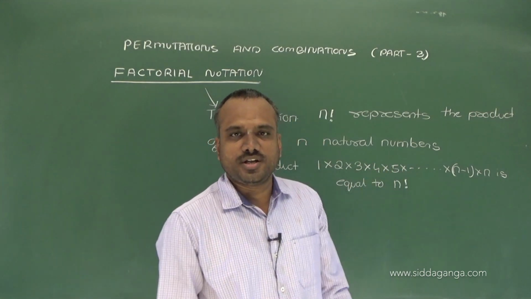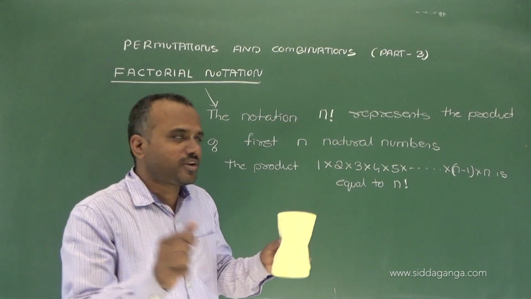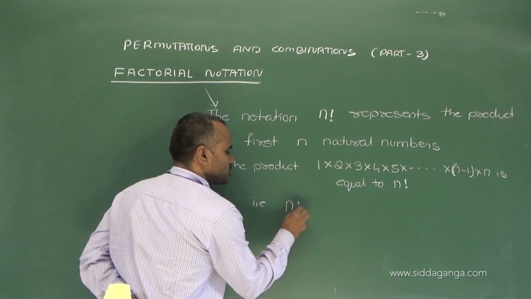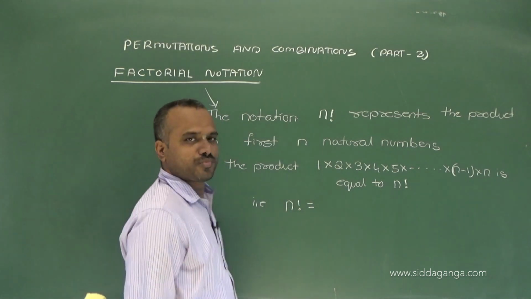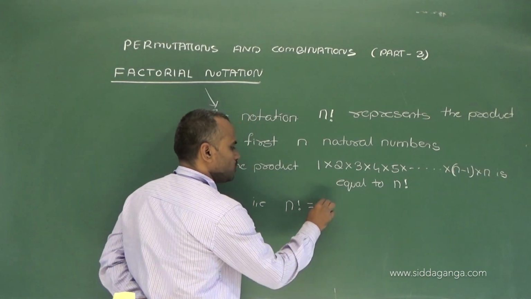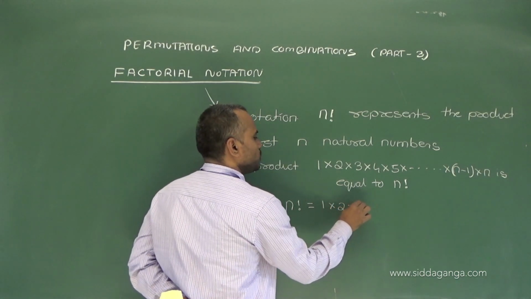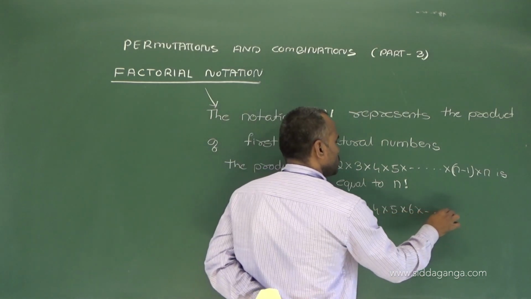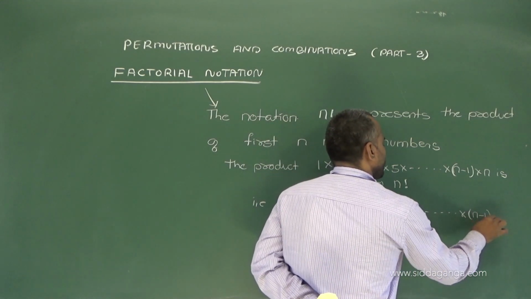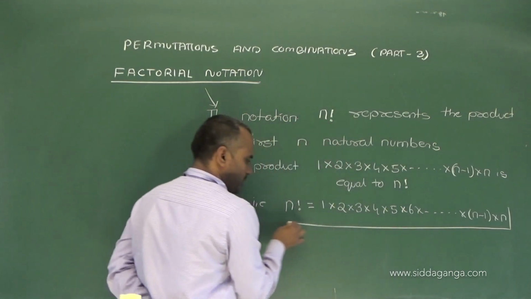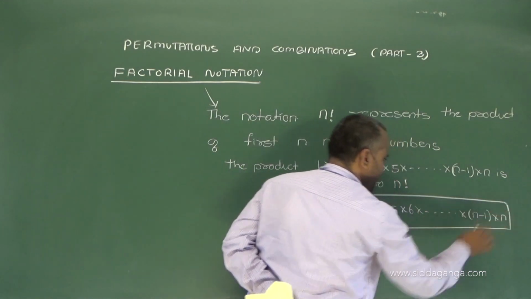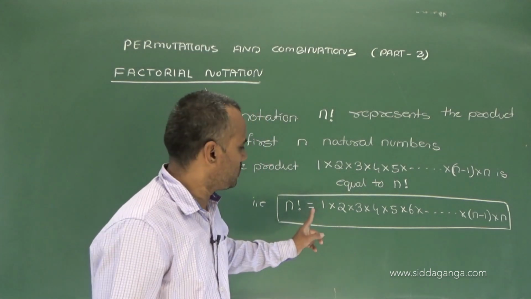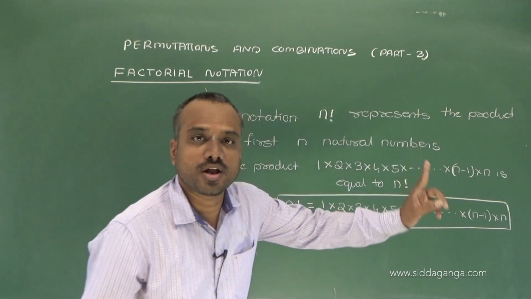This is the definition of factorial: n factorial is equal to 1 into 2 into 3 into 4 into 5 into 6 into so on into n minus 1 into n. This is n factorial, the product of the first n natural numbers.